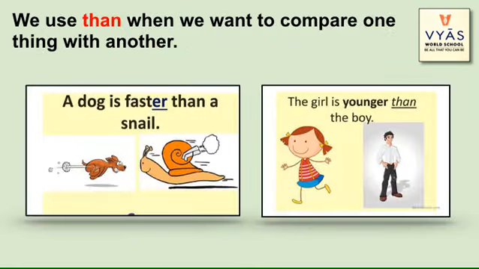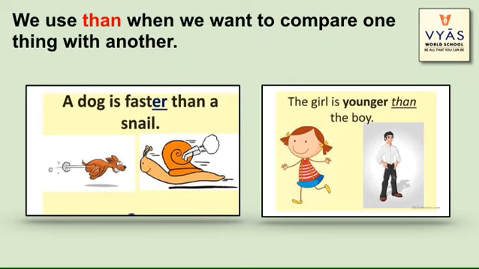Children, when we add ER to the adjectives and we write them in a sentence, then we use than when we want to compare one thing to another. While writing a sentence, we use than. So let us read the two sentences given here. A dog is faster than a snail. So here we are comparing a dog and a snail. We are comparing two animals.